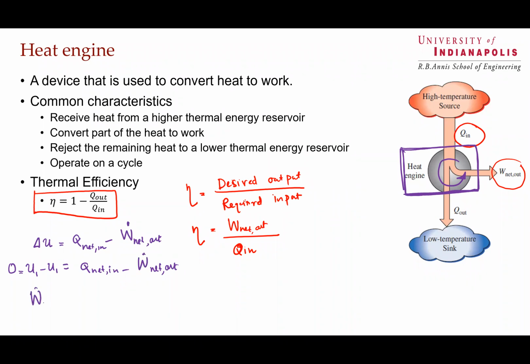Now then W net out is equal to Q net in. I shouldn't put dot, I'm not considering rate equation. So what is Q net in? Q net in is Q in minus Q out. So I can substitute for W net out here. That's Q in minus Q out divided by Q in, and that's 1 minus Q out over Q in.